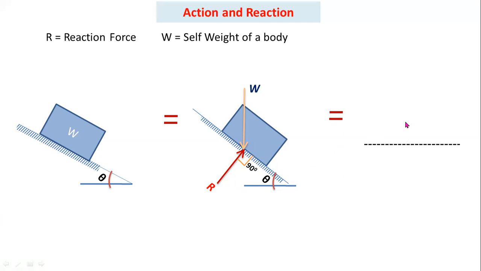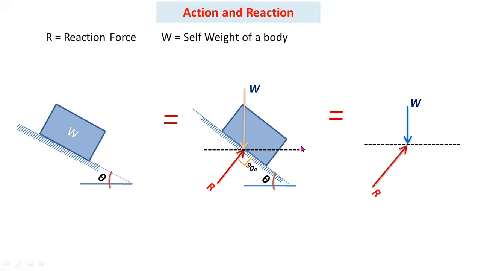Now for solving the problems you have to consider this vertical force W, the self weight, as a vertical force, and this reaction force makes an angle. How to determine the angle of inclination of the reaction force with respect to the horizontal? Here I consider a horizontal axis.